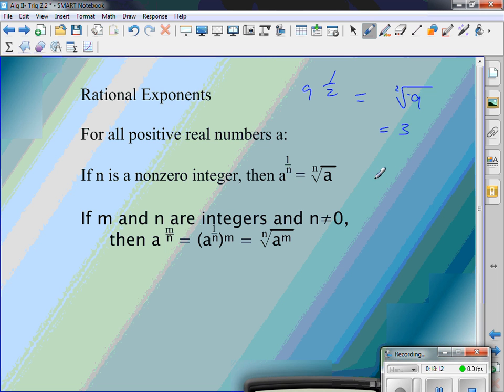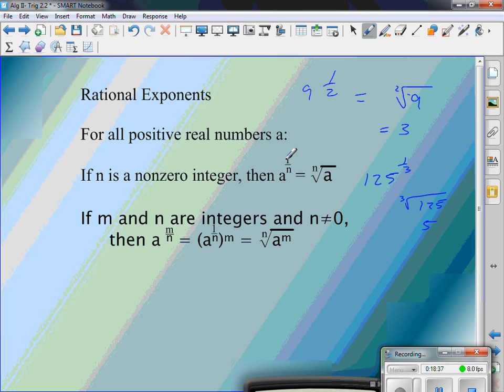So if I had, let's see, the cube root of 125, it's what times what times what is 125? And that's 5. If there is a number that is on top, it's not 1 over.